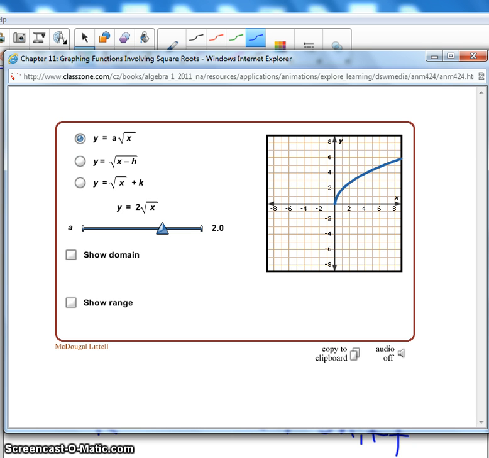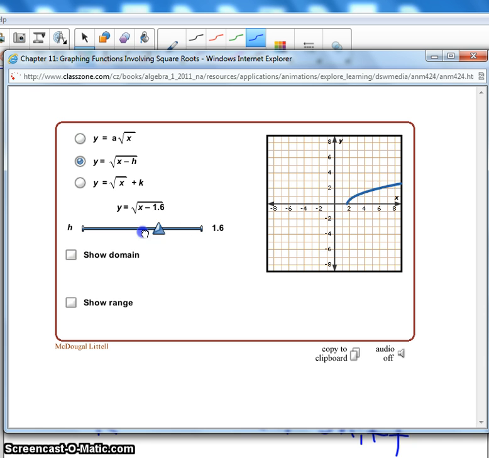With this illustration, let's first look at the A value. As A increases, you'll note it's a vertical stretch. And as A becomes negative, it's a vertical stretch, but it's also a reflection across the x-axis. That horizontal shift, if I have a negative H value, x minus 4, what we see here is that it shifts it to the right 4 units.